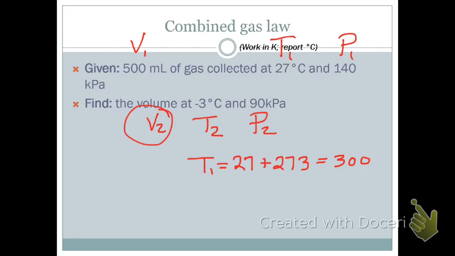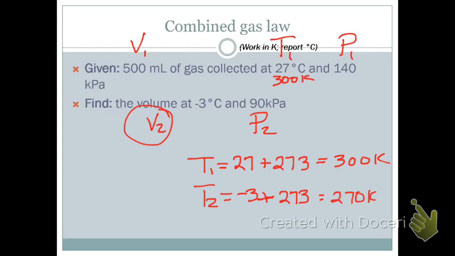So my temperature 1 is 300 K. And then my temperature 2 is -3 plus 273. Even though that's a small number, you still got to add that to 273. And that's going to give me 270 K. So T2 then is 270 K.